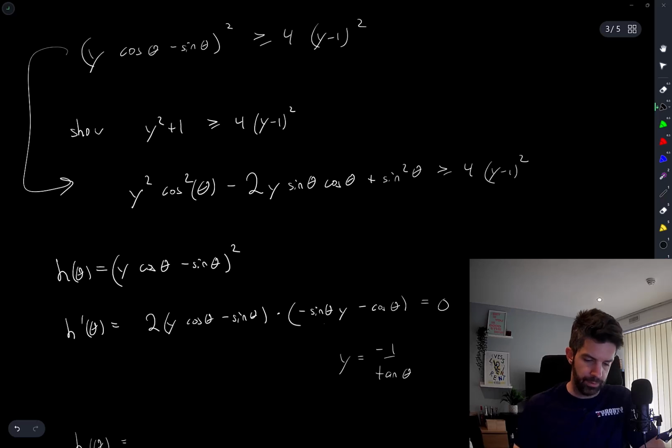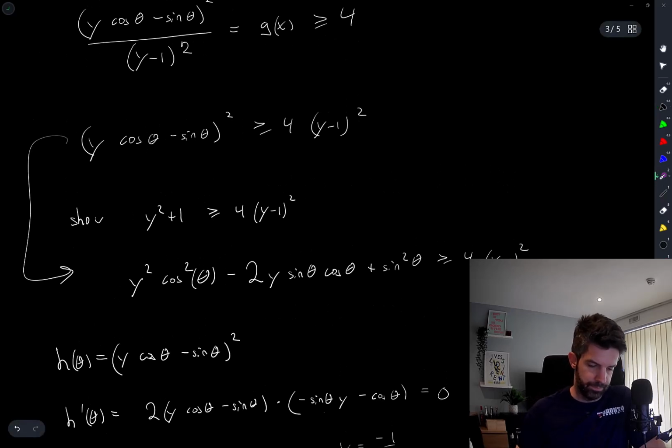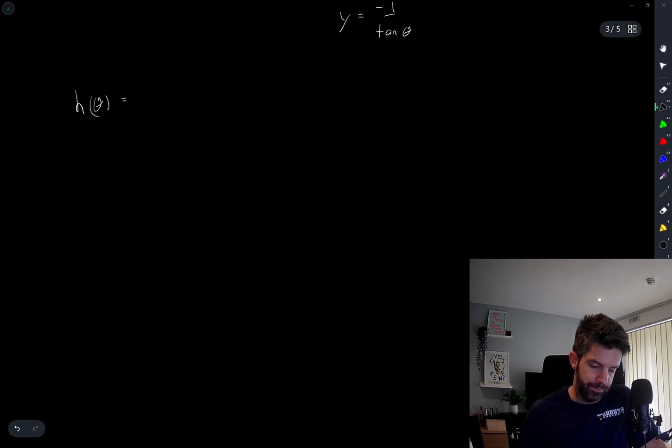I don't think that this is the way to go. Y cos theta minus sine theta squared. What happens if I factor out cosine squared?